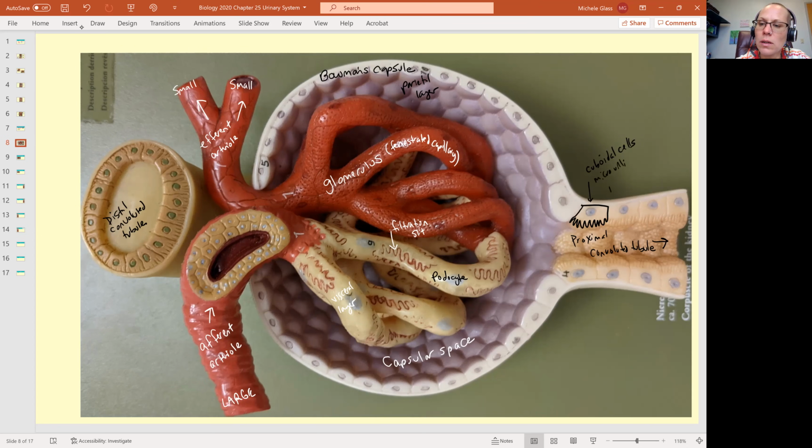And so here is another example of a brush border. When we look at the distal convoluted tubule, we will see again a simple cuboidal, but it's lacking the microvilli. So that's going to be an important feature that we'll talk about here.